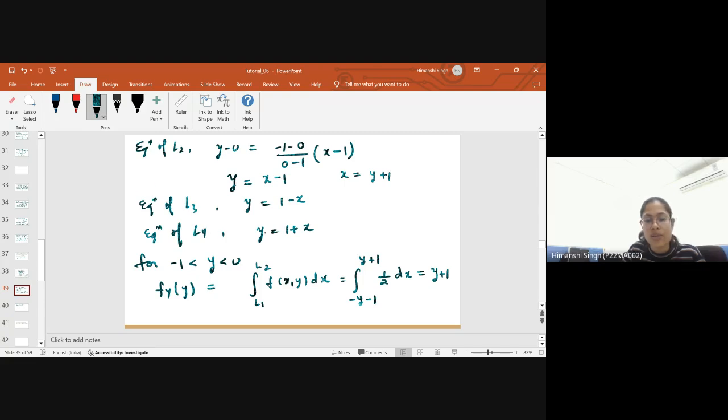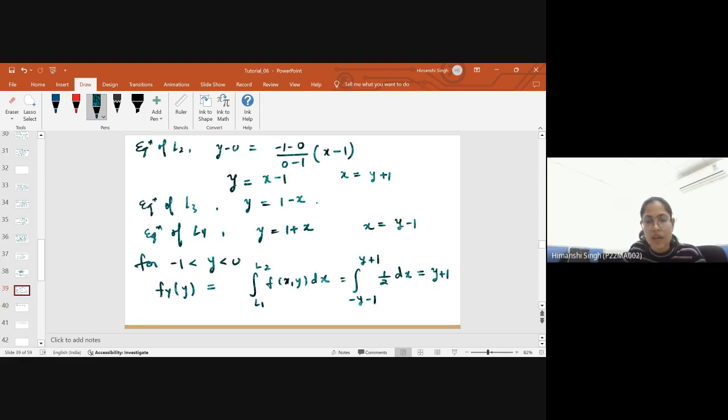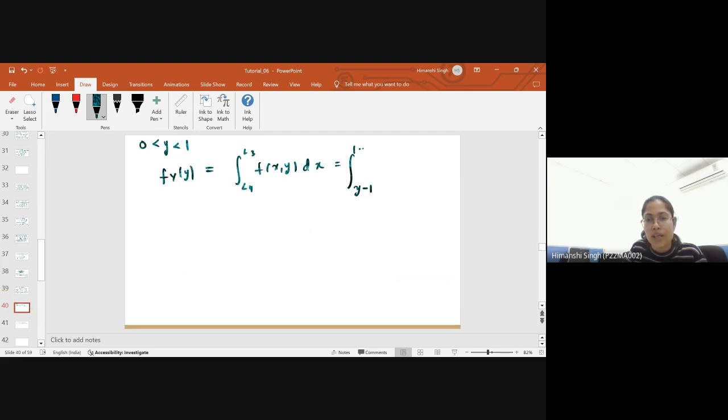L4 is y equals x plus 1, so x equals y minus 1, so it will range from y minus 1 to, if I find x here, x equals 1 minus y. So it will be up to 1 minus y, with 1 by 2 dx. So it will be 1 by 2 times 1 minus y minus y plus 1, so it will be 1 minus y.